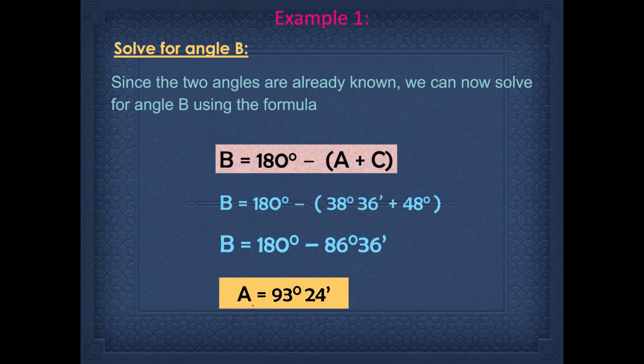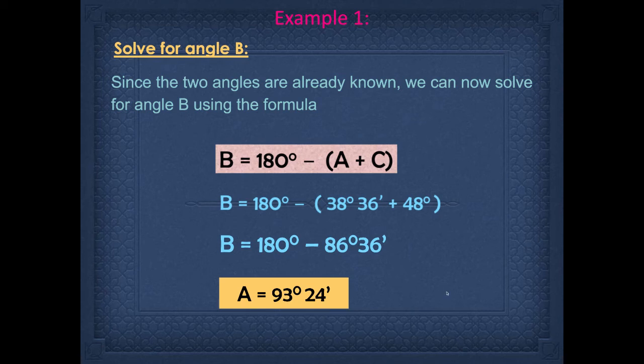So angle B equals 93 degrees, 24 minutes.